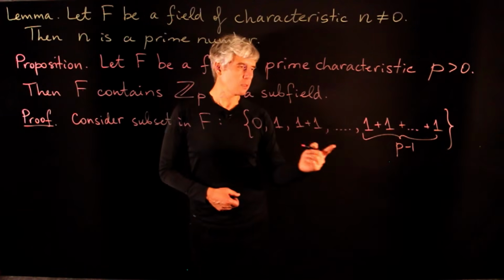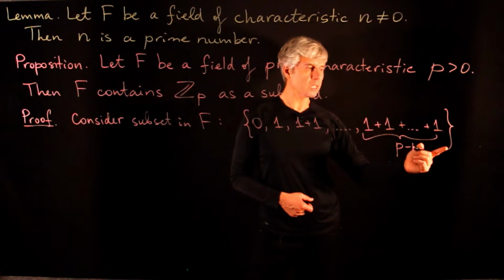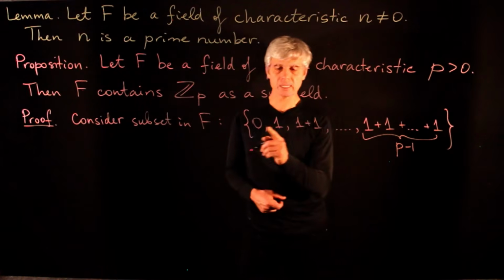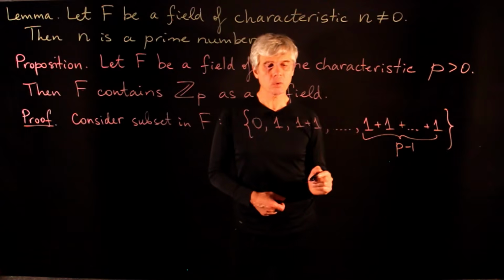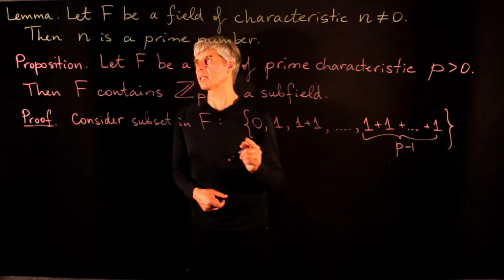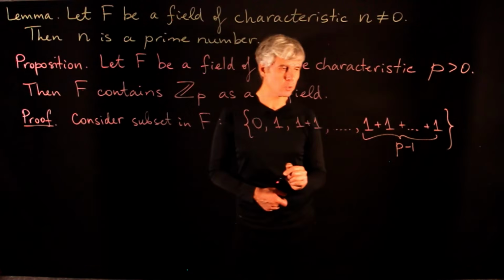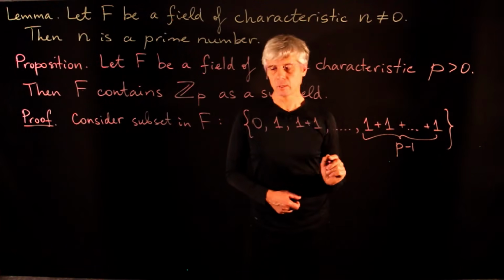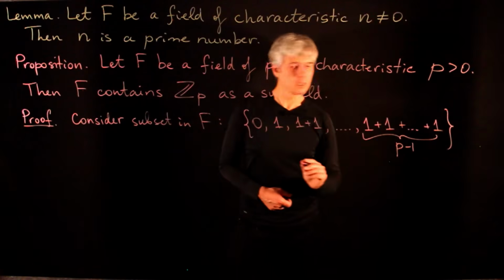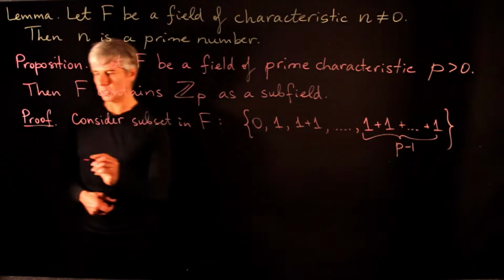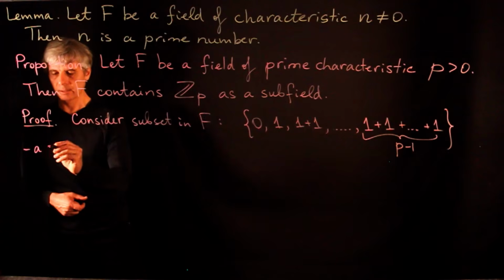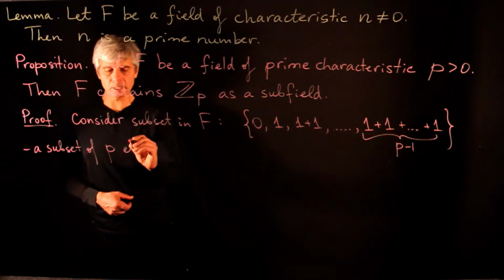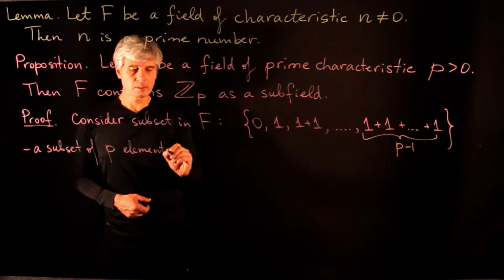So here, p was the smallest number of ones that added together will give us 0. So this tells us that all elements here are non-zero, and in fact the same argument as we used in our very first lemma shows that actually all these elements are distinct. So this gives us p elements. So this is a subset of p elements in F.